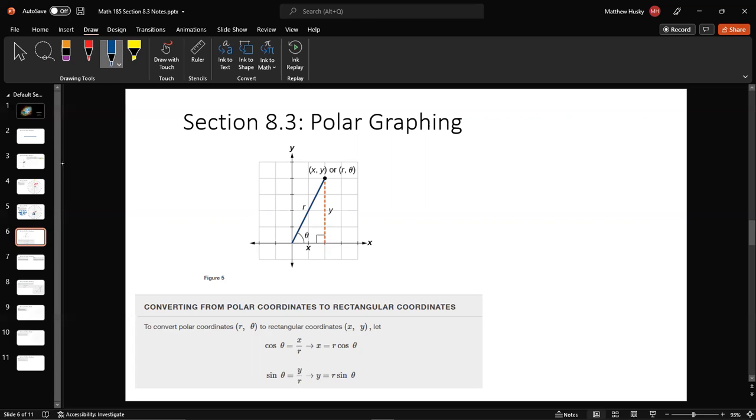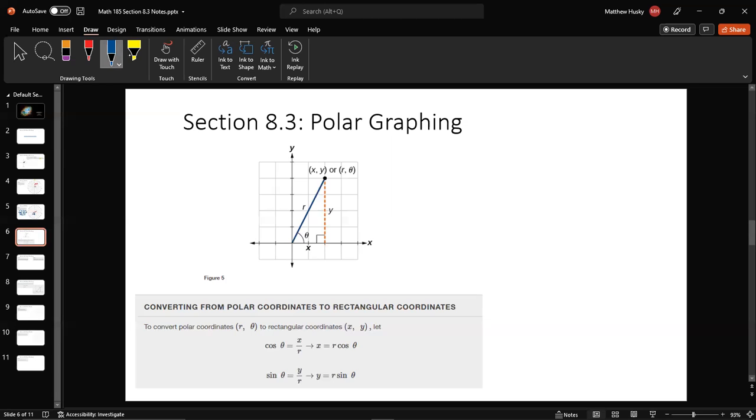So the way that you could convert between the two, here you have a diagram showing just a random point, and we have it both drawn with the x, y values as well as the r, theta values. And this is what ties it into trigonometry, which we've been spending an awful lot of time lately talking about.